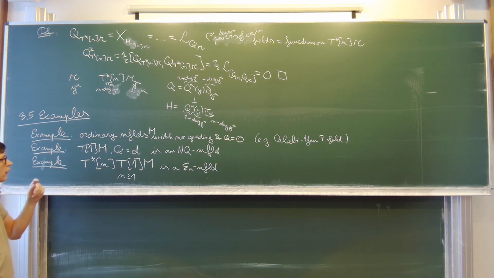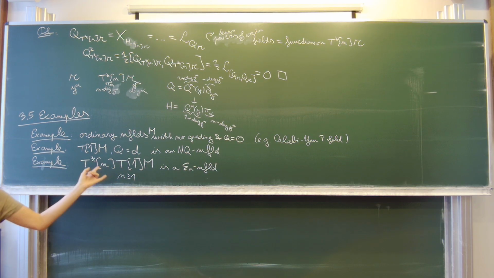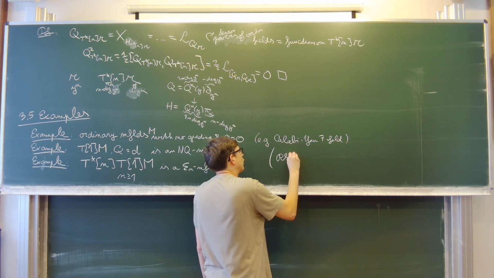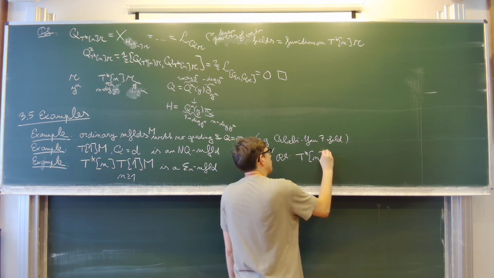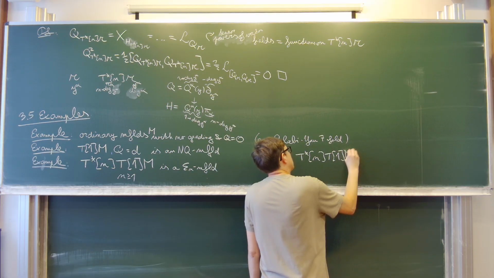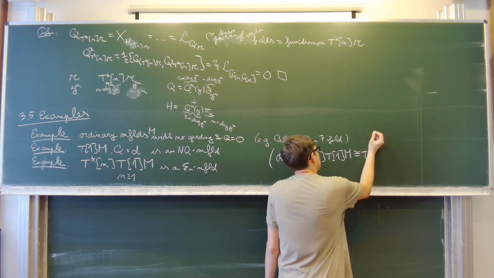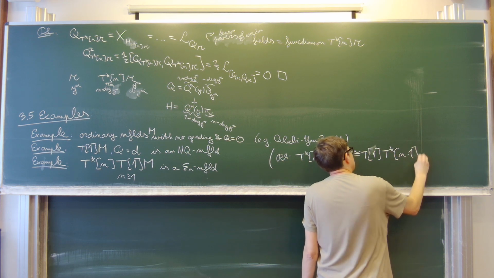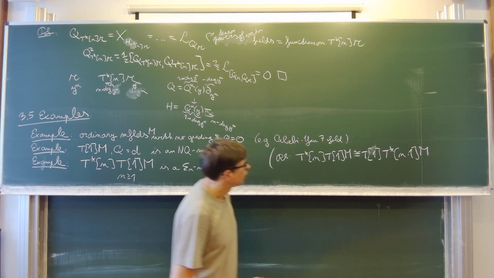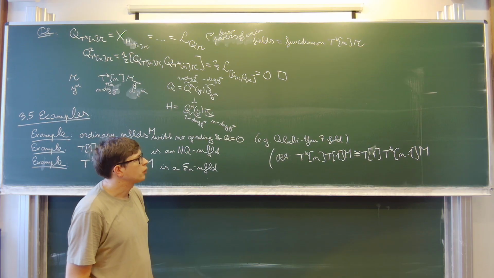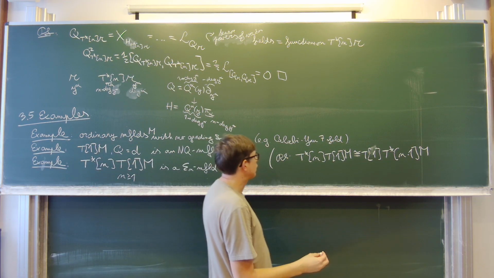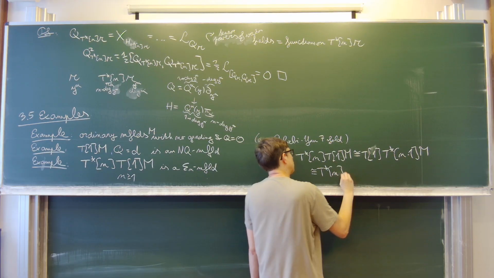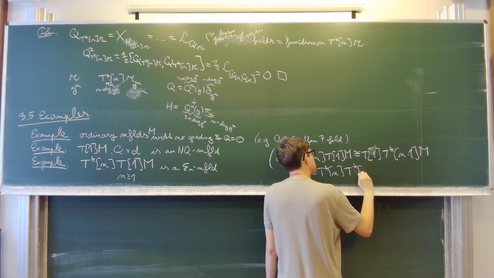Remark: you can do T1 of T star n minus 1 of M, or you can also do T star n of T star n minus 1, I believe.